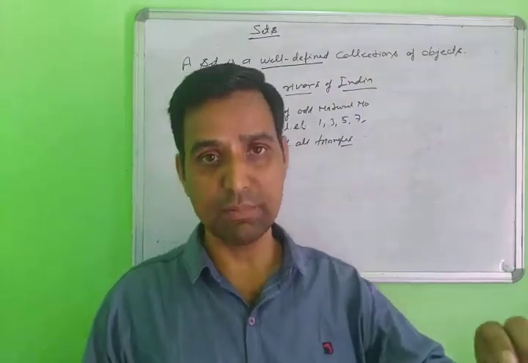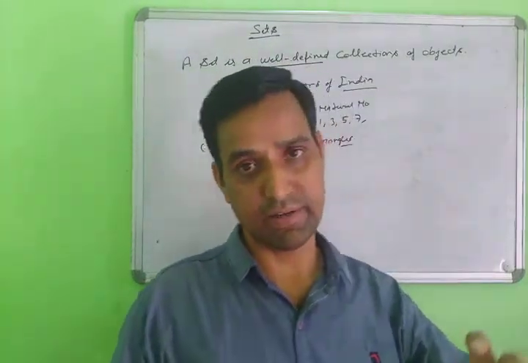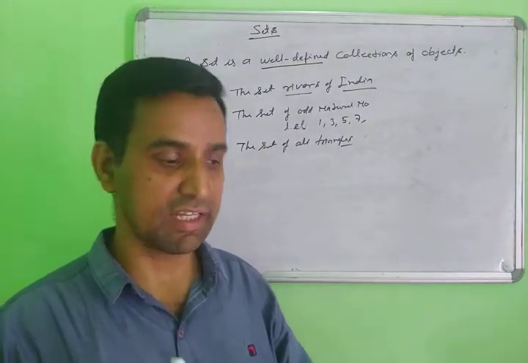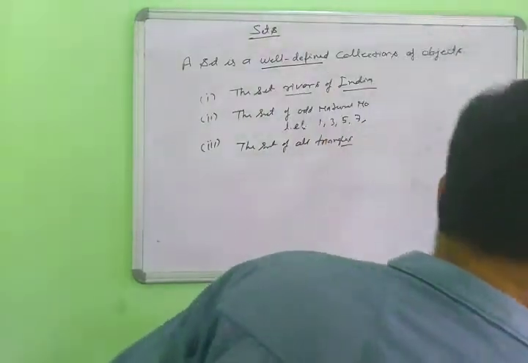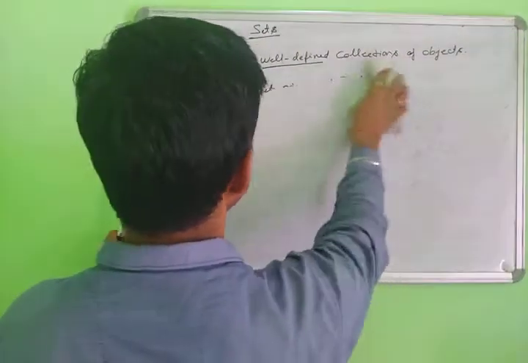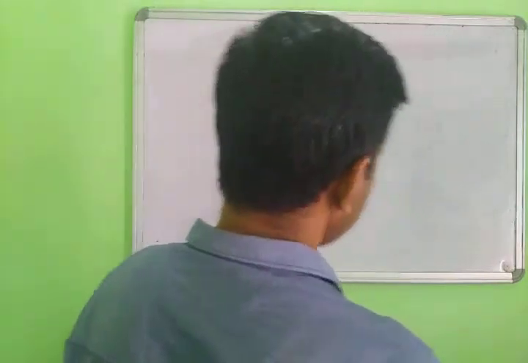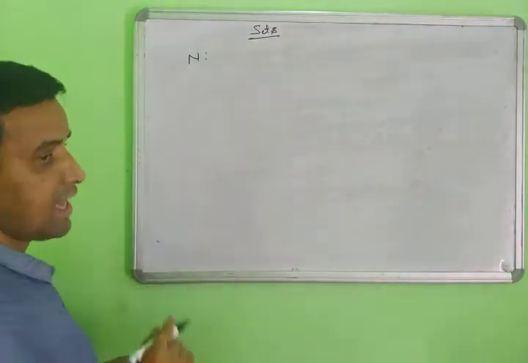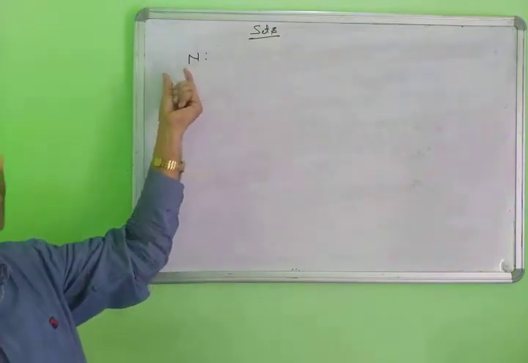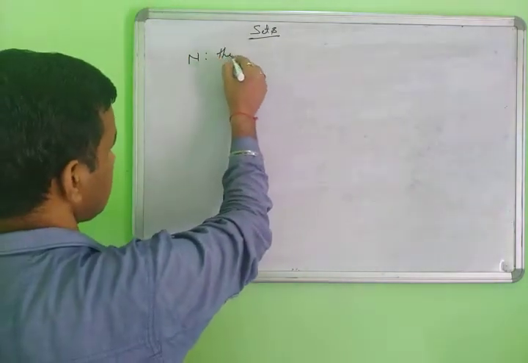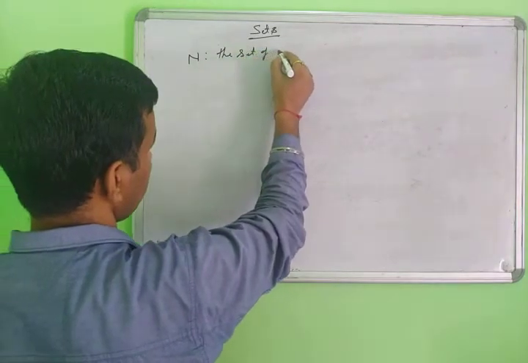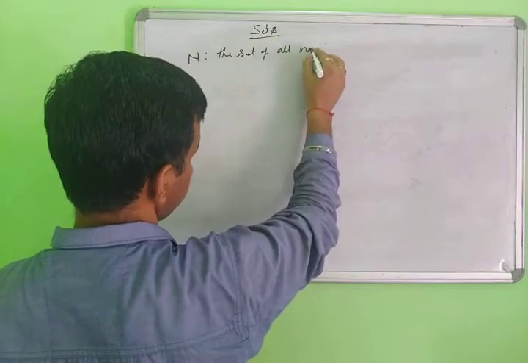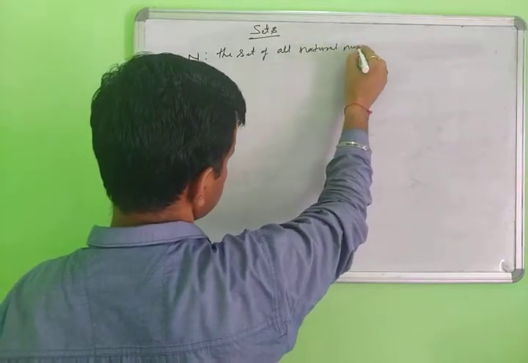Some sets are represented in English alphabet. Means not all sets. Some sets are represented in English alphabet. So now here, which letters represent the sets? Suppose I am writing here N. And you know that N is the set of all natural numbers.